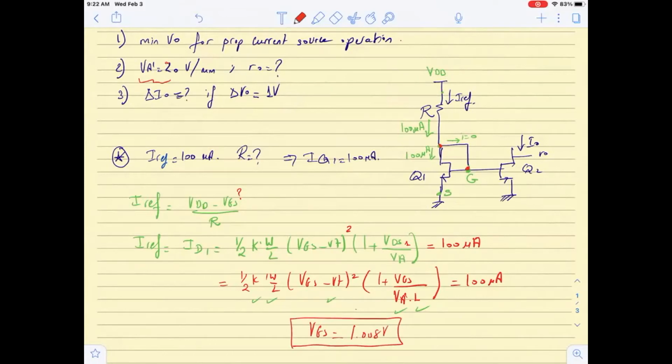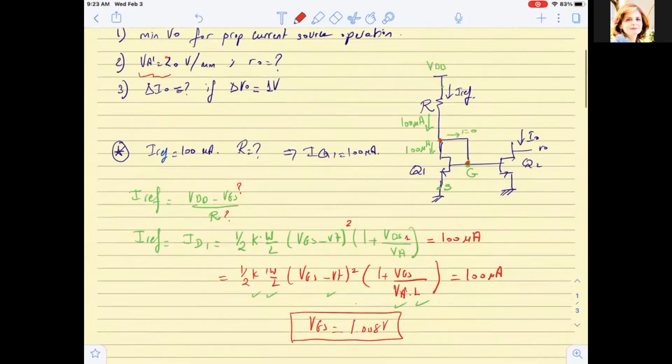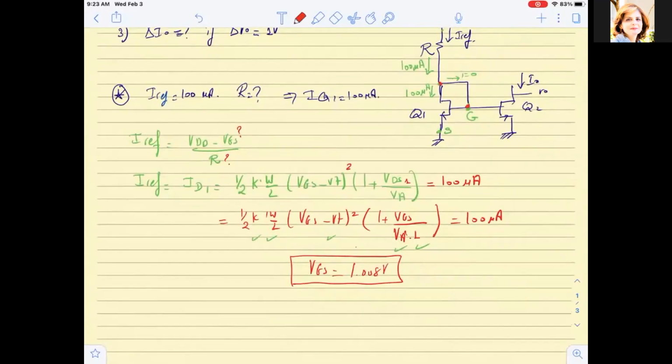Okay, so now that I have VGS, can I find what R is? Yes, because I know what VGS is, and I know what VDD is, so I can find R. Plugging in, R is equal to 3, which is VDD minus VGS, over I reference, which is 100 microamps.